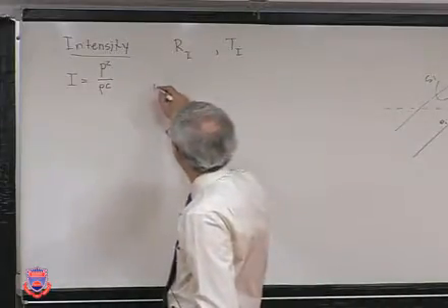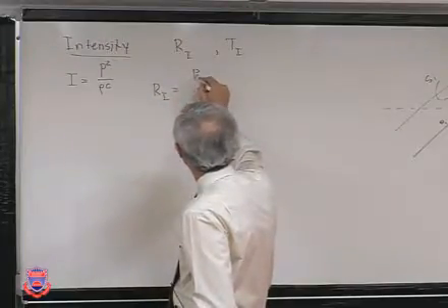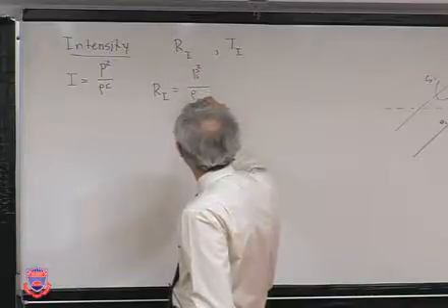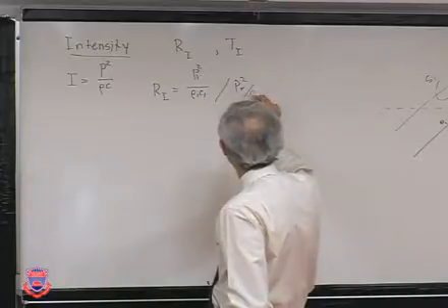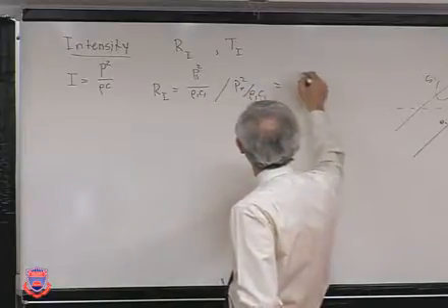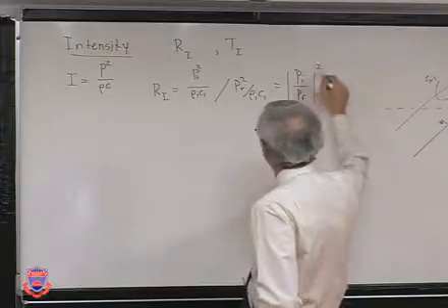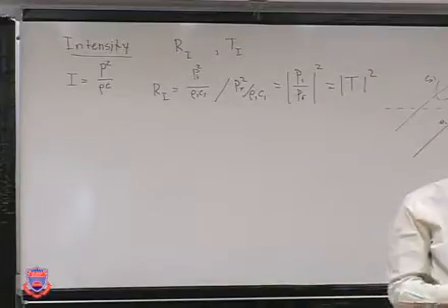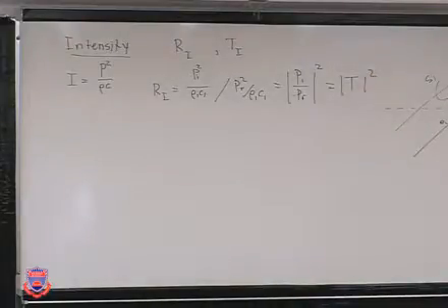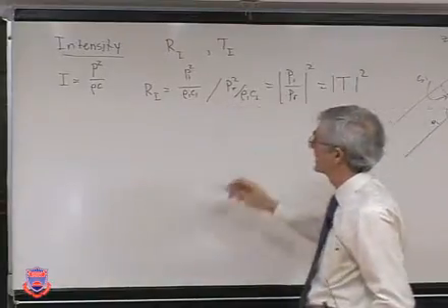So when you define the intensity reflection, you have reflected intensity, rho1 C1, divided by incident intensity, rho1 C1, and that pretty much gives you the same coefficient as the pressure reflection coefficient, because the rho1 C1 are the same.